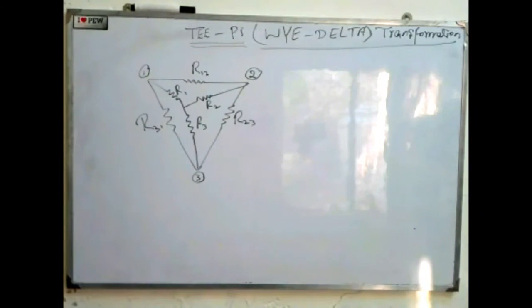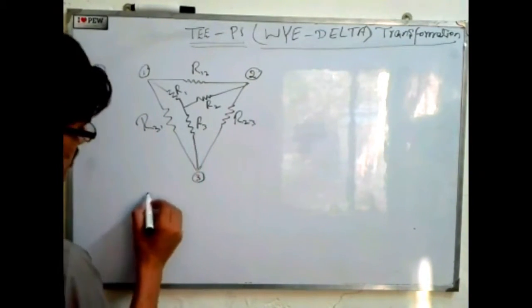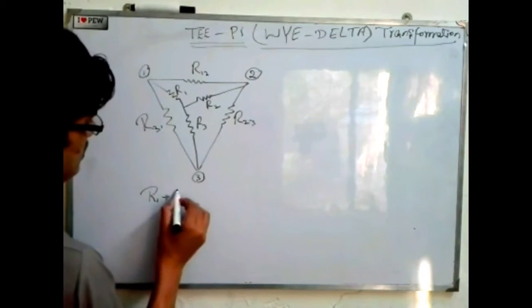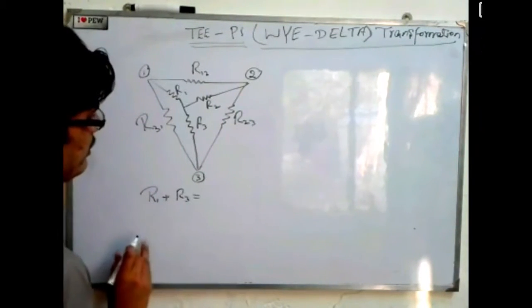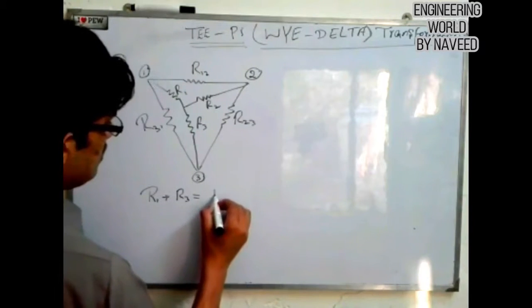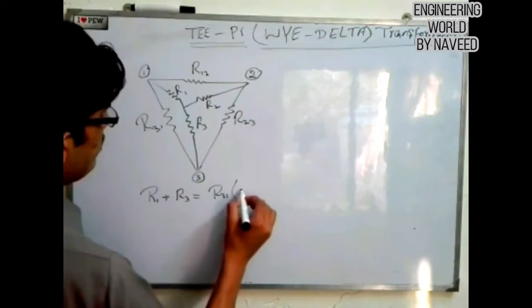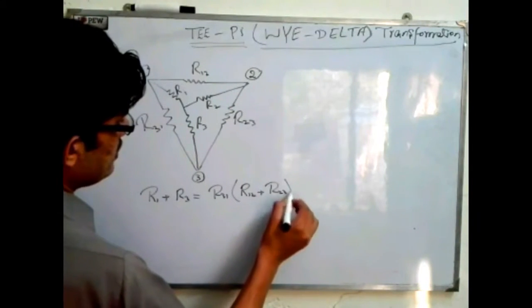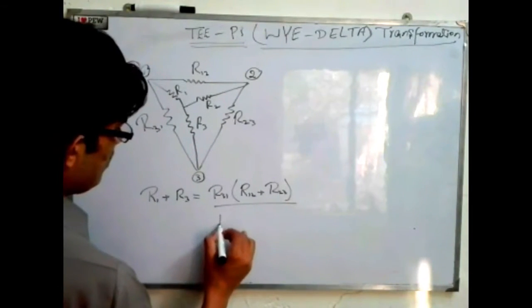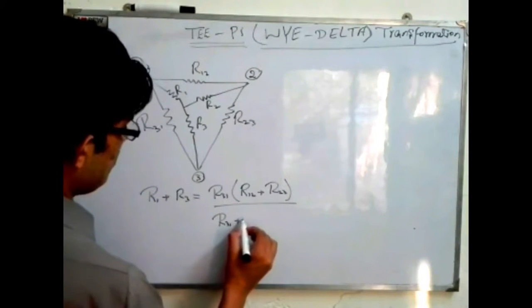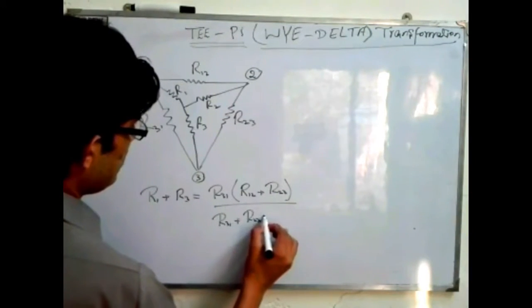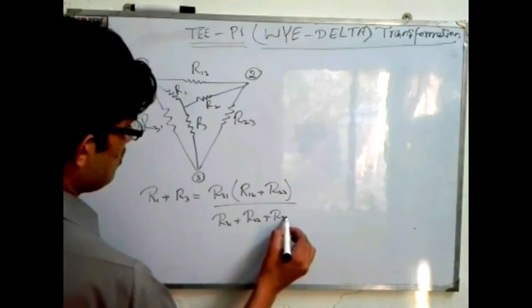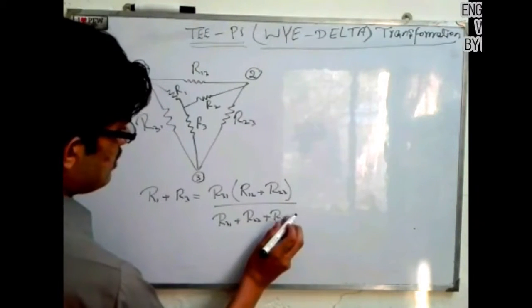So here R1 plus R3 will be equal to R31 into R12 plus R23 divided by R31 plus R23 plus R12.